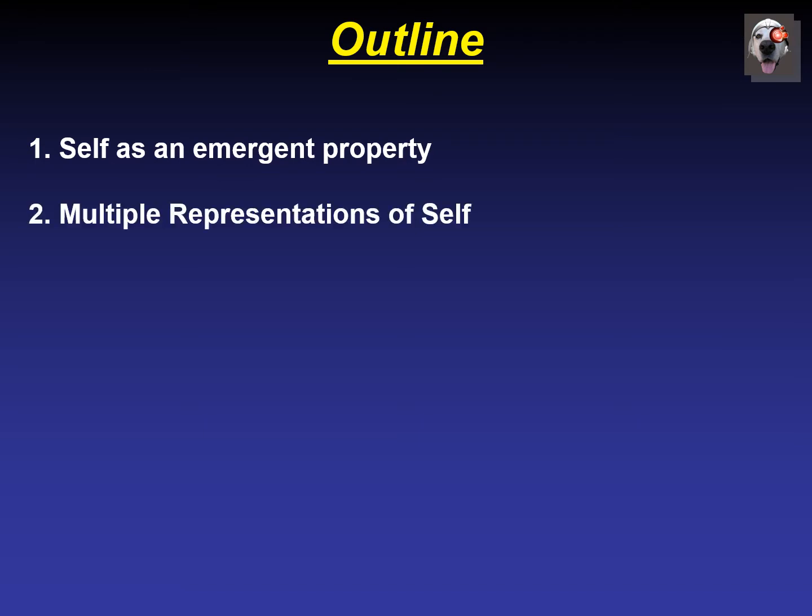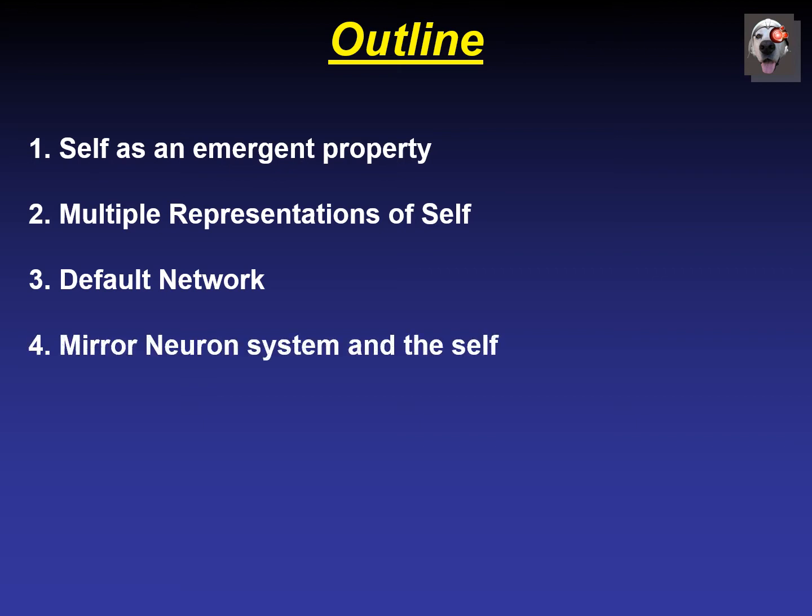We'll then discuss multiple representations of self, the idea that the self is not just a single kind of concept, but there are many different cognitive brain processes that go into representing ourselves. We'll then discuss a set of brain regions that are important for self-understanding and self-representation, and they're known as the default network. And we'll also look at mirror neurons and how they might be related to self-processing.